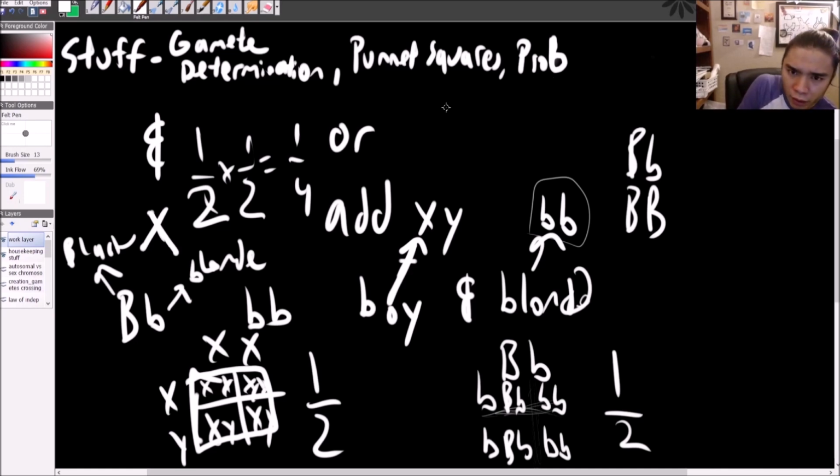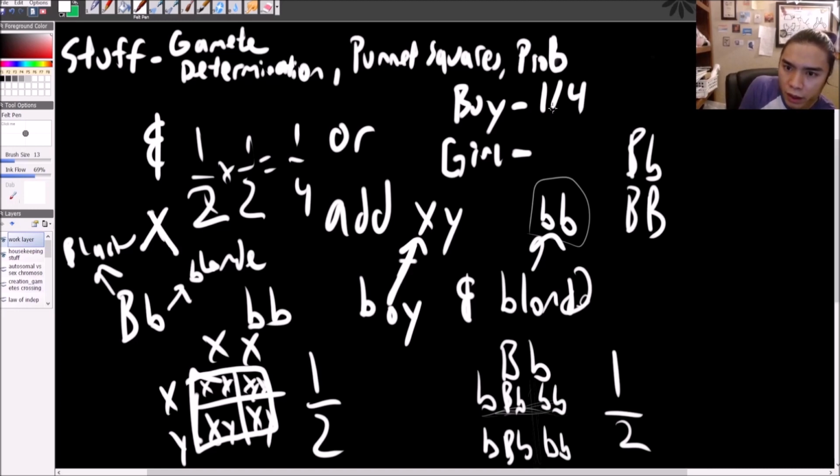So let's look at a boy and then a girl, or a son and a daughter, and they're blonde. There's a 1/2 chance of getting a boy, and a 1/2 chance of being blonde. We multiply them together. That is a 1/4 chance. There is a 1/2 chance of getting XX, that's a girl, and a 1/2 chance of getting little b, that's blonde. So 1/4. And now we add them together.